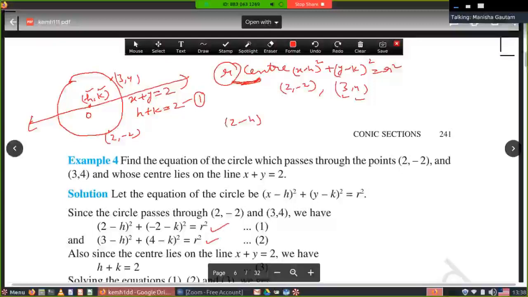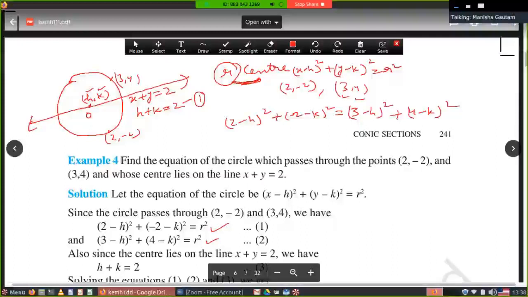(2 minus h) whole square plus (minus 2 minus k) whole square is equal to (3 minus h) whole square plus (4 minus k) whole square. These two expressions are equal to each other. Now you can simplify the equation.